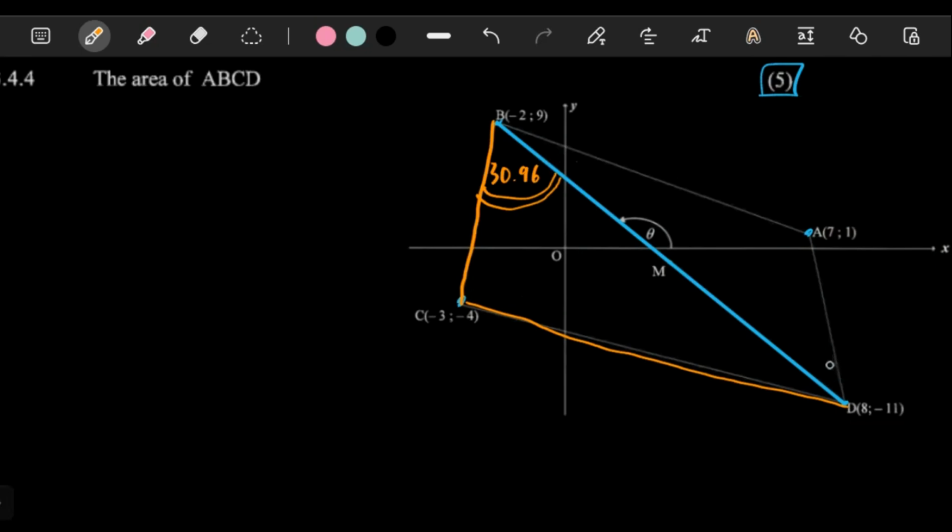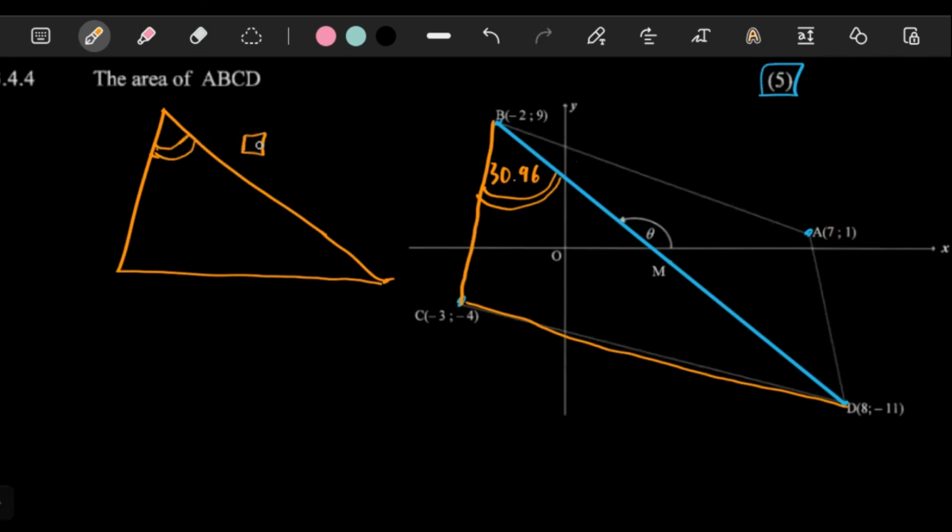Yeah, this is where I think we have to be creative, but without being too hasty. Let's not be too much in a hurry. So if we're not going to be in a hurry, let's just lay out nicely what we're going to do. So we have this angle here, right? And we can easily get this length, which is BD, using the distance formula. And then we can also get BC using the distance formula.